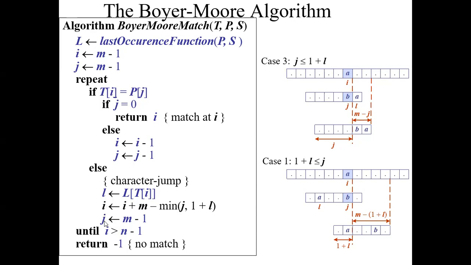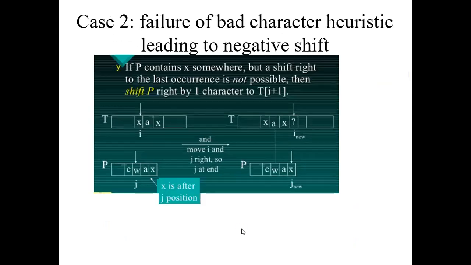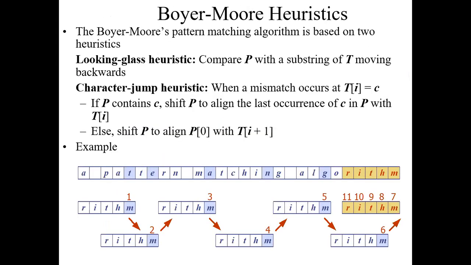Why are we not changing the value of j? Or what do we change j to whenever there is a mismatch? Whenever there is a mismatch, I have to move from the last. Again, I have to start the comparison. Let me take you back to the example again.